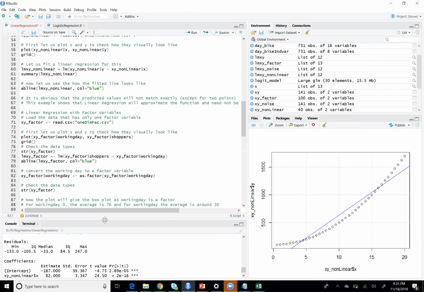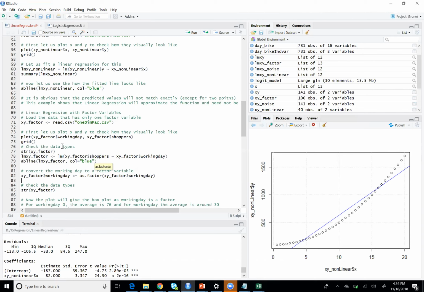It's the same thing as in Python when we used categorical. Remember when we had gender with male and female as two categories, we converted them from categorical variables into numerical variables. Similarly, we do the same thing in R. We call it as.factor.